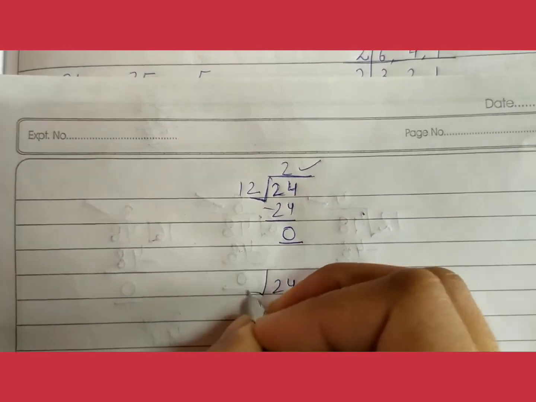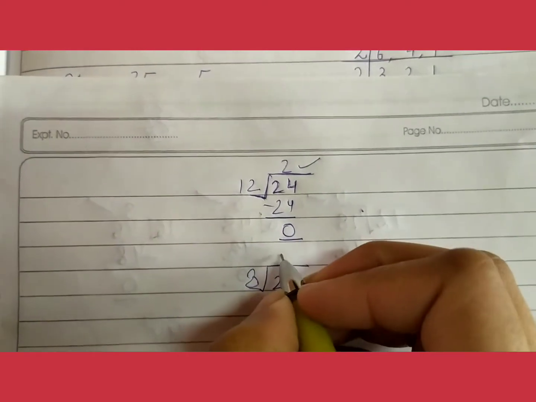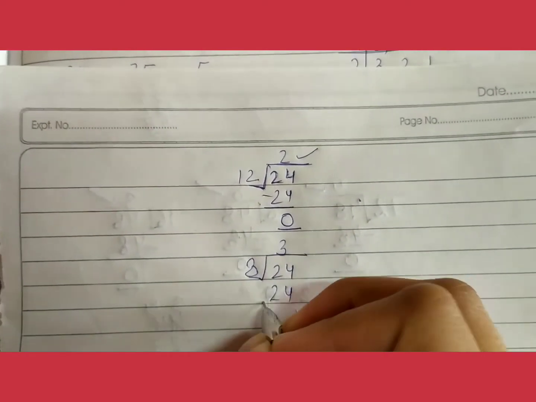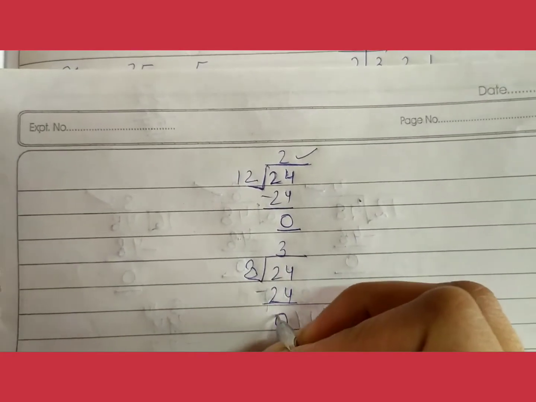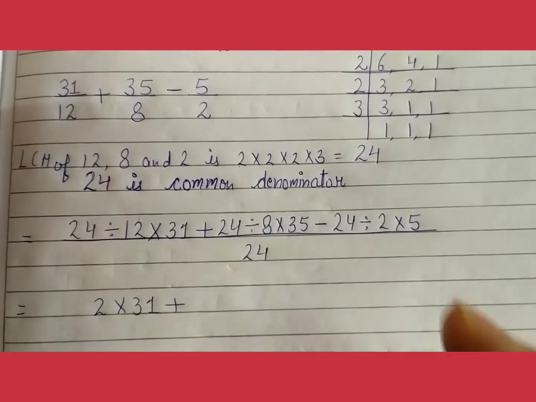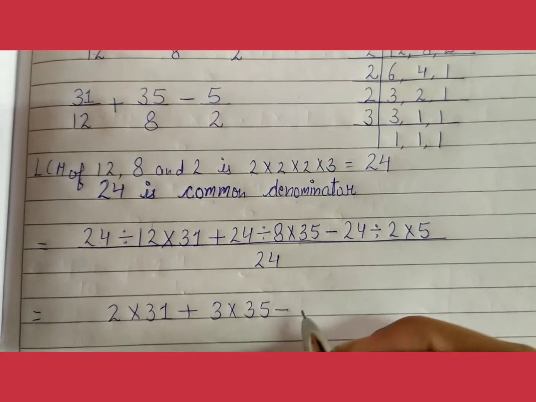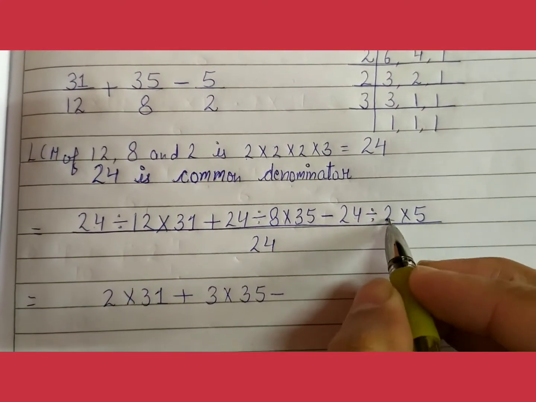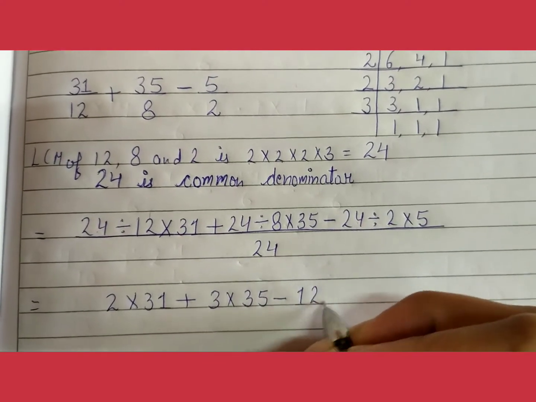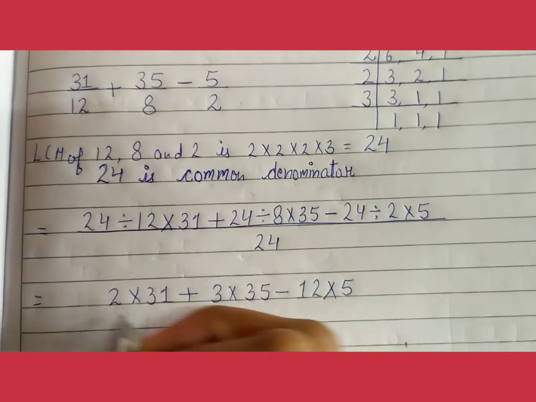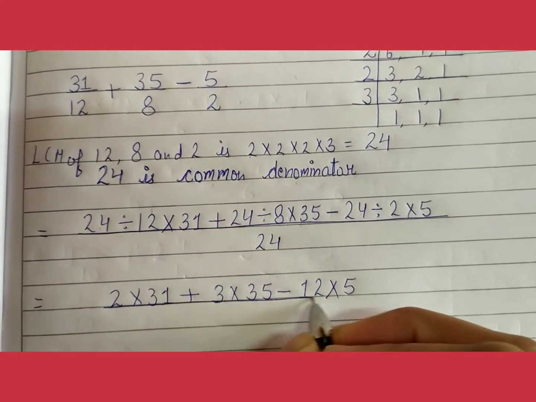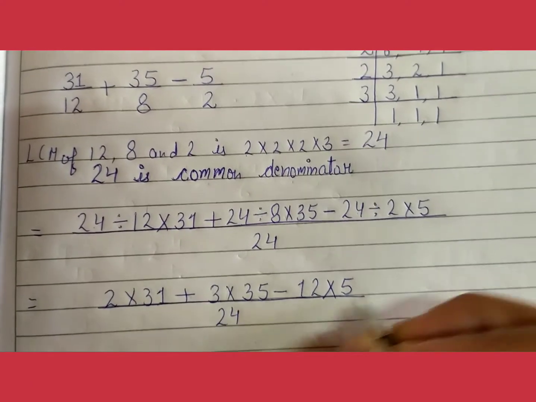Children, 8 threes are 24. 24 minus 24 equal to 0. Answer is 3. Write 3 multiply 35 minus 24 divided by 2. Answer is 12 multiply by 5 upon 24.